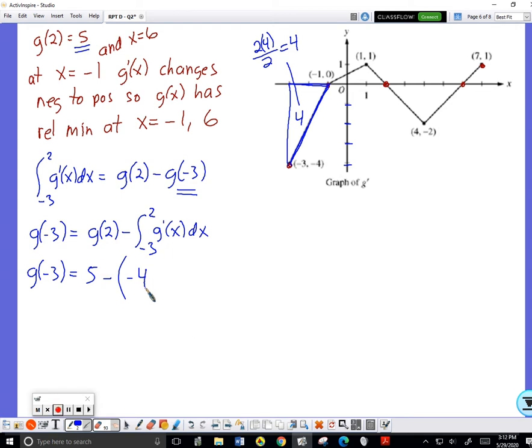Then from x equals -1 until x equals 2, all the values of g prime are positive. 1 times 1 divided by 2 is a half.